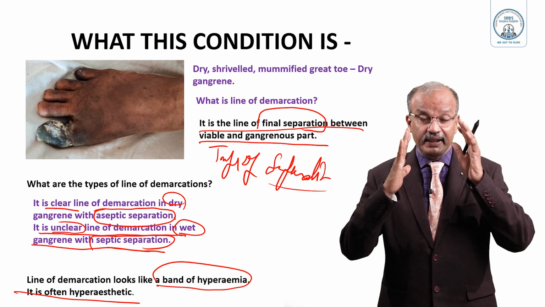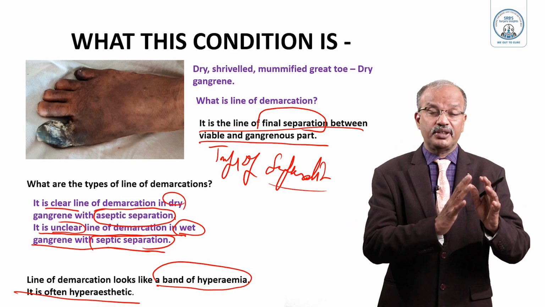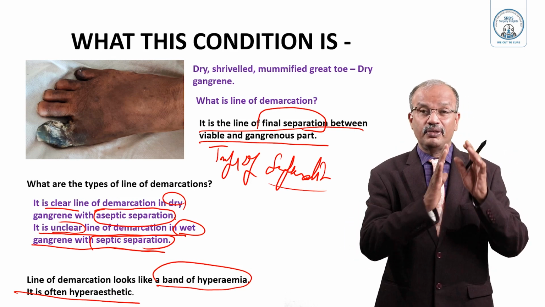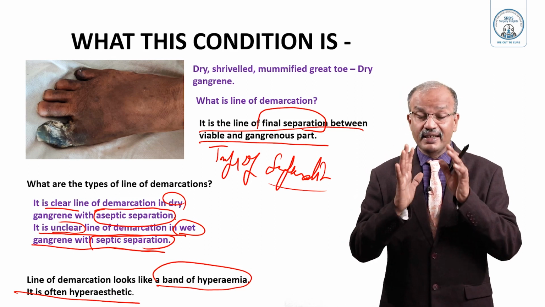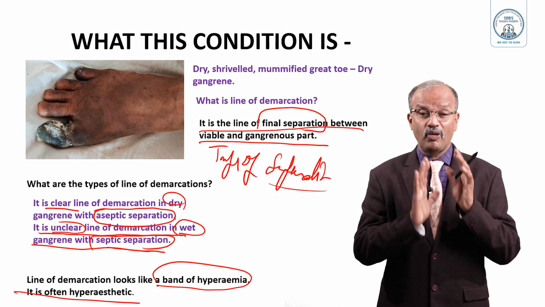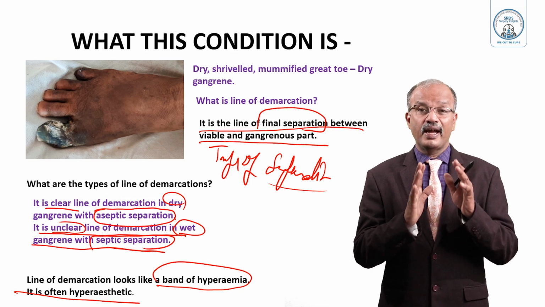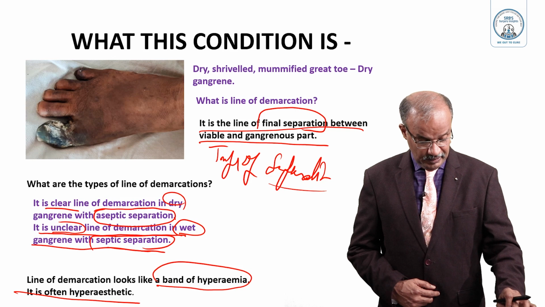That is what exactly you have to remember. The final type of separation between viable and non-viable tissue is the line of demarcation. That is the meaning which you have to remember. A very important clinical entity in gangrene patients.